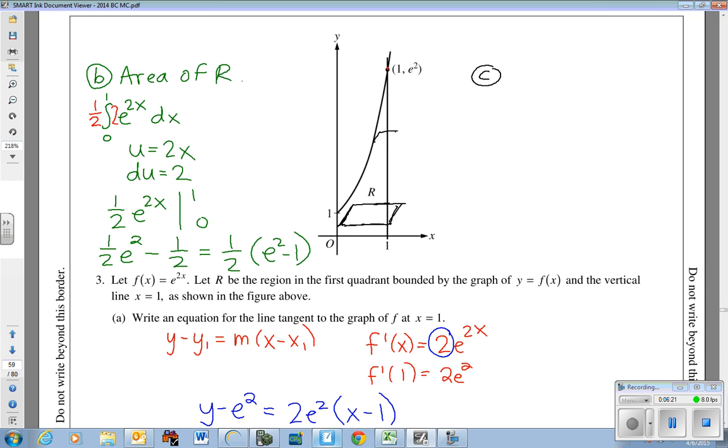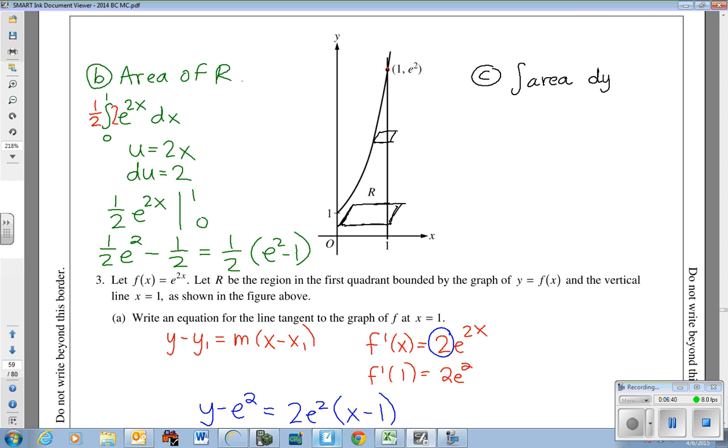Somewhere up here in the middle, a little square would look like that, and you'd be moving to a point up there. Sometimes these are hard to see, but what you need to remember is that you need to integrate the area. And this one was perpendicular to the y-axis, so we're going to integrate the area dy.